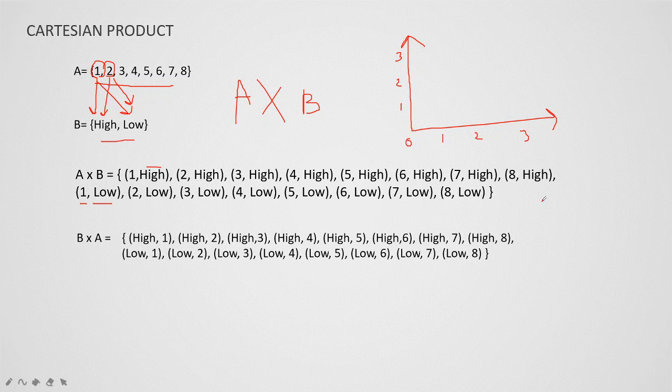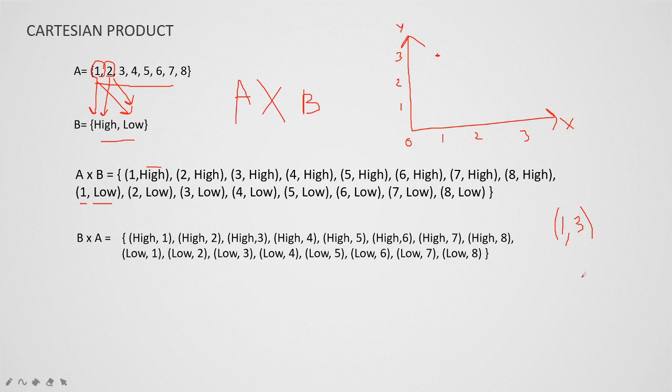Now if I tell you to mark the point (1, 3), where will you mark? It will be x is 1, y is 3. So I didn't write it, but this is my x, this is my y. So this will be my point (1, 3).